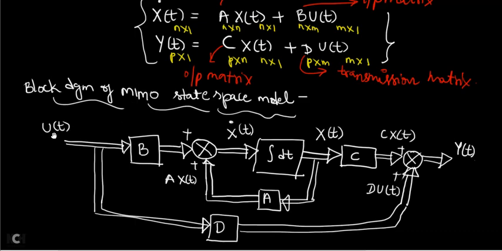That is why it is not a single variable, it is a vector. That is why I am using double line arrow marks everywhere. Understood why? Because u of t and y of t are multiple input, multiple output. So this is the block diagram for the MIMO state space model.